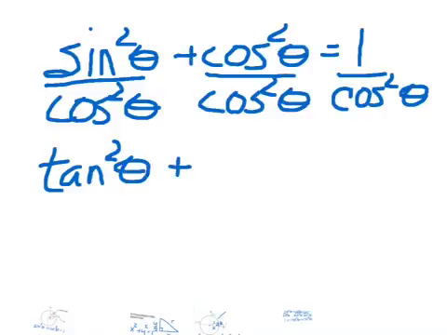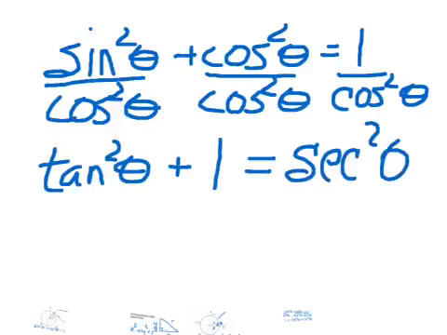Anything divided by itself is 1, and 1 over the cosine squared theta is the secant squared theta. So this is the third form of the Pythagorean identity. Very important to know, but you don't have to memorize it. If you'll learn sine squared theta plus cosine squared theta equals 1, you can always come up with the second and third form of the Pythagorean identity.